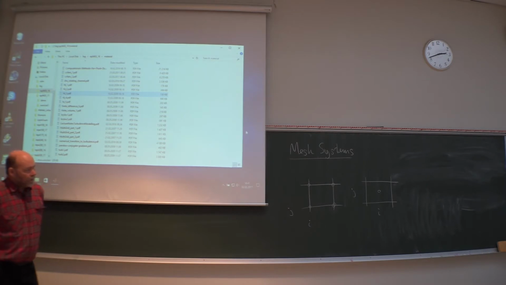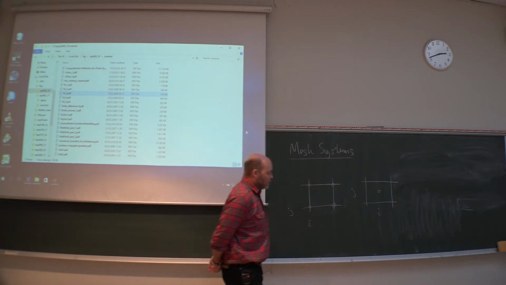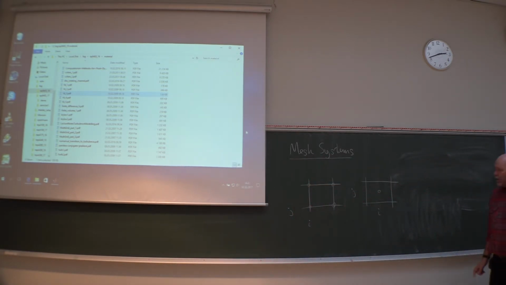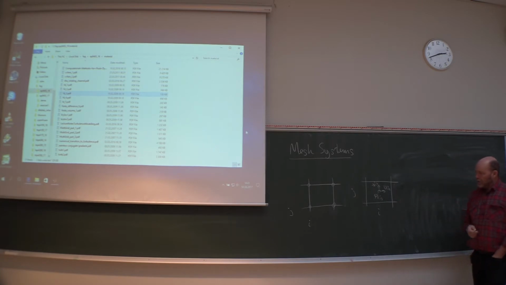What we are dealing with now is the Navier-Stokes. So our unknown is not going to be one scalar, it's going to be two velocities and a pressure. So here I now have u i j, v i j, and in the center pressure i j. This would be, I would say, the first guess, what you would start with.